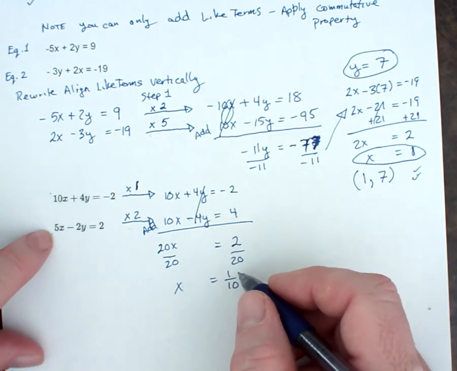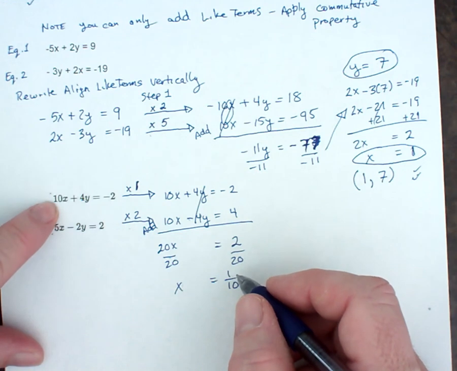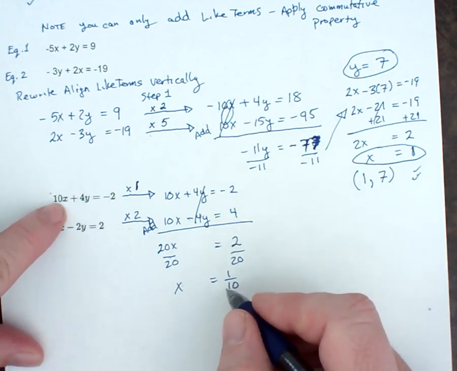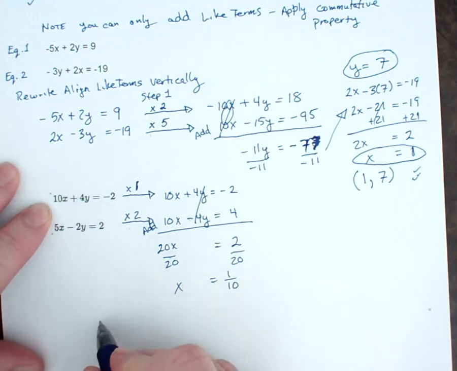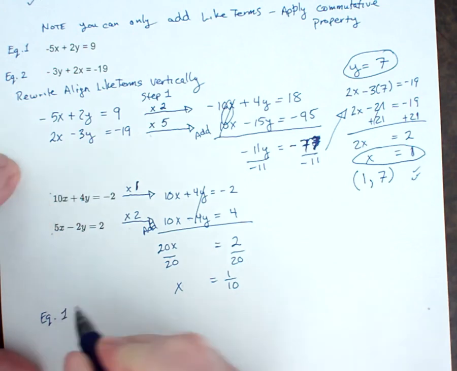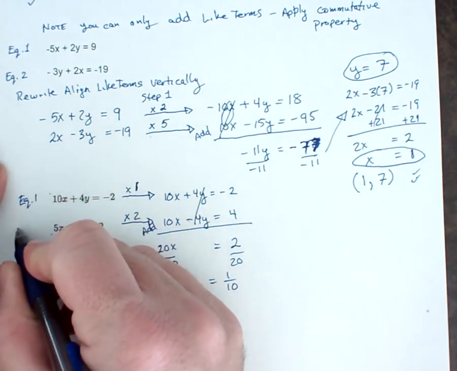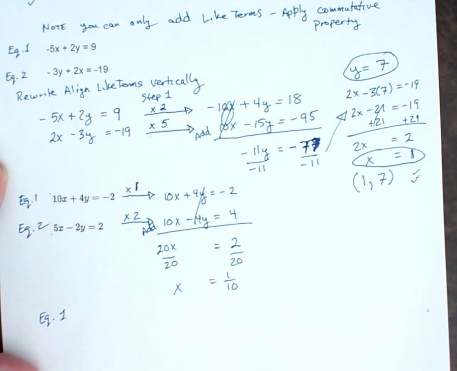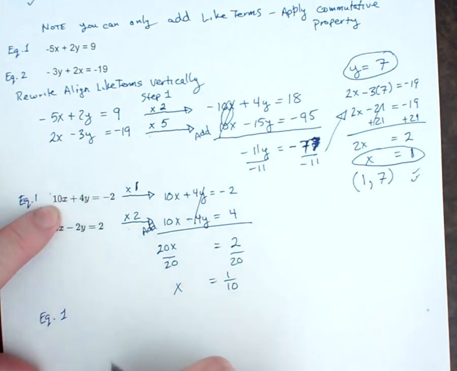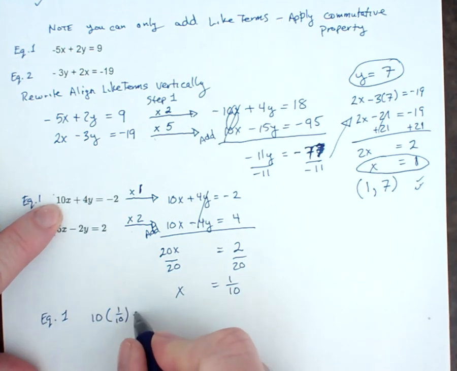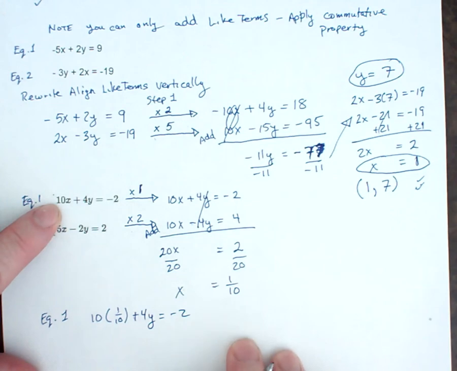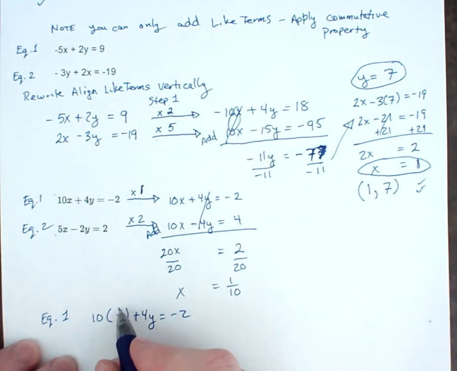Now I have x. So maybe I can use this equation because it looks pretty easy. If I substitute 1/10 and multiply times 10, that'll be easier to work with. So let's use equation 1. Let me label it equation 1, equation 2. So we have 10 times x, which is 1 over 10, plus 4y equals negative 2. 10 times 1 over 10 is 10 over 10, or 1, plus 4y equals negative 2.